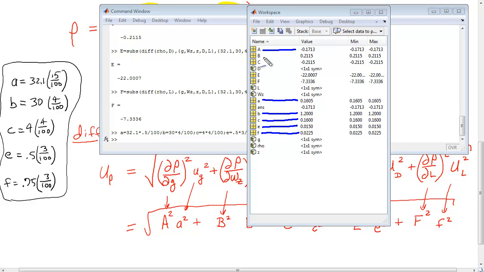There's my capital A, capital B, capital C. Now you have to remember these were created with the substitution. I took a differential of the equation with respect to its variable. I substituted for all these variables. Okay, and here's E, and here's F. Now this answer is just carried along for the ride. It's always carried along for the ride, so it doesn't matter. Here's my symbolic variables.